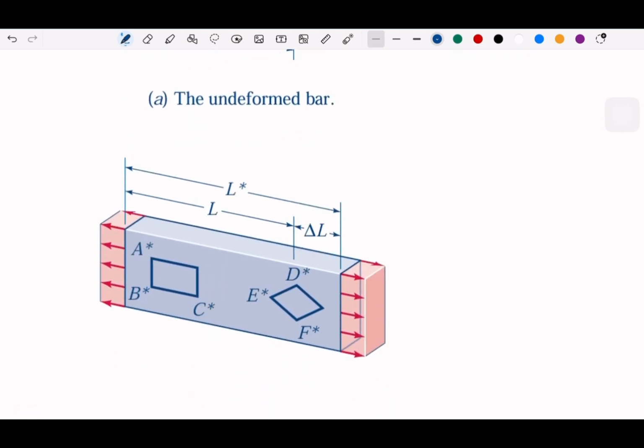So the ABC with the asterisk is the new shape, which is more rectangular, and then the DEF is also a new shape, which changes the angle. It's not the same 45 degrees. And if you see the whole length, it is going to add some distance delta L. Okay, and this is the new length.